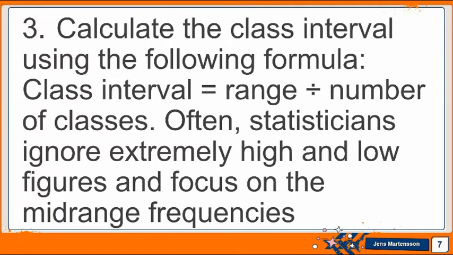Yung 51 to 60, 61 to 70, 71 to 80, itong set na to ang tawag dyan isang class. Second class, third class, fourth class. Yung difference between the two numbers is the interval.